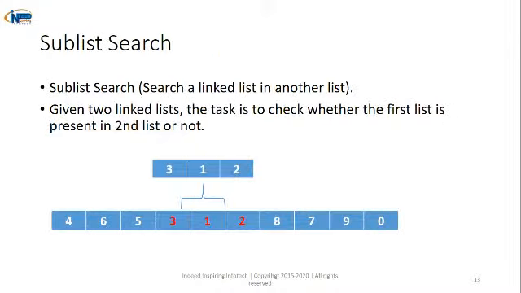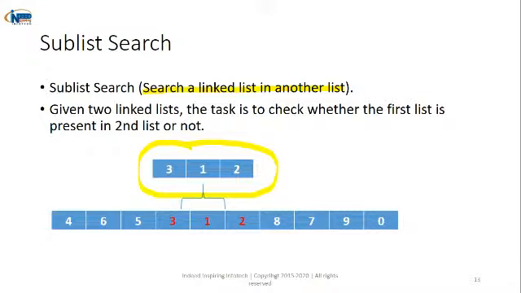There is another type of search called sublist search. This sublist search searches for a linked list in another list. Here you can see one example. We have a list that contains 3 elements: 3, 1 and 2.